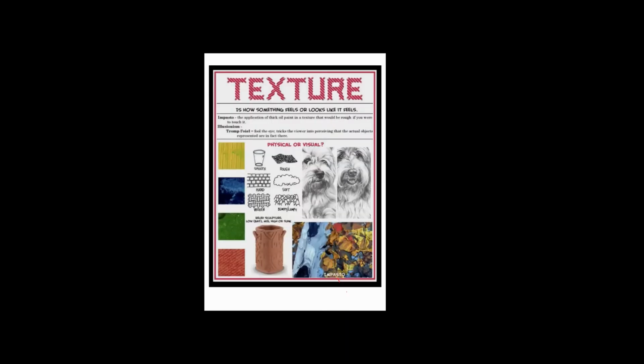And lastly, texture. Other than this, we studied line, we did shape, and then we did color and tonal value. Texture is one of the visual surfaces which creates an impression in us, and it's one of the principal elements of art.